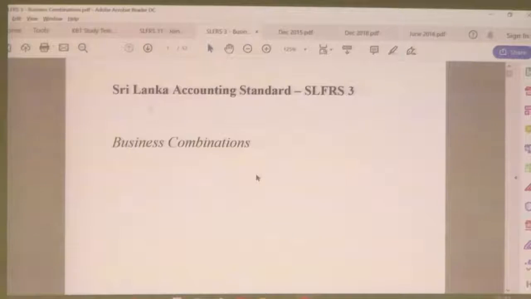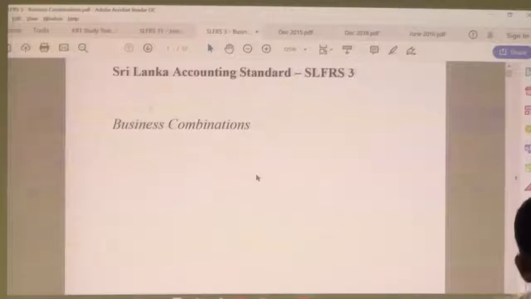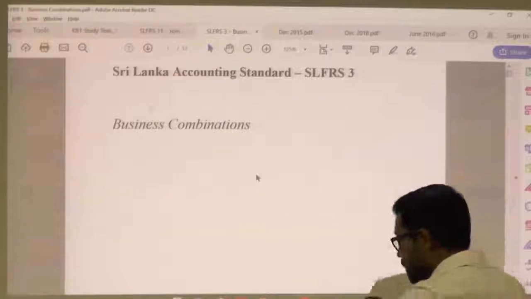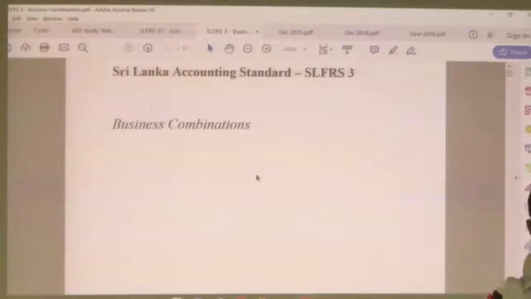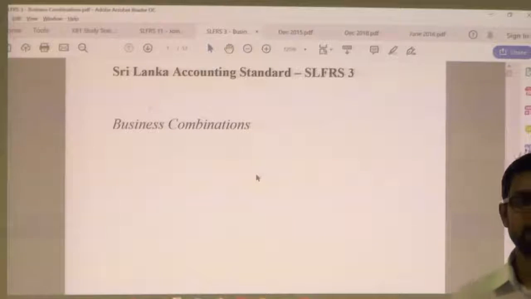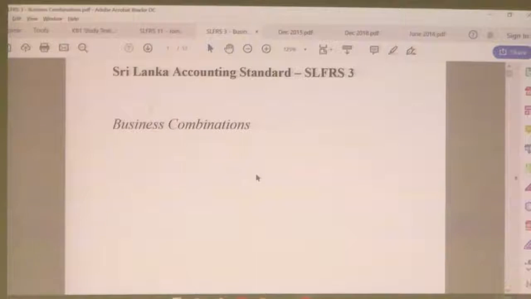So this is what a business combination is. You acquire the assets that are in a business, and you absorb the liabilities. That is business combination, simply.